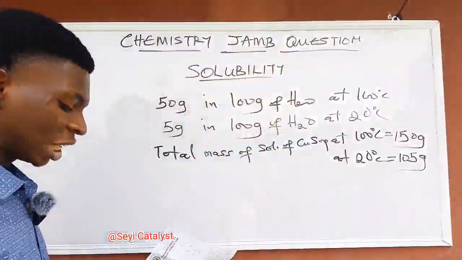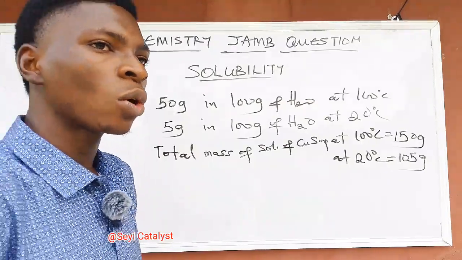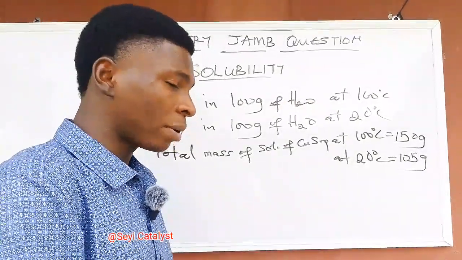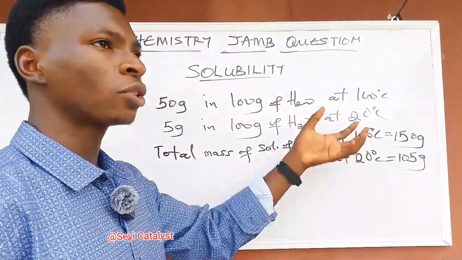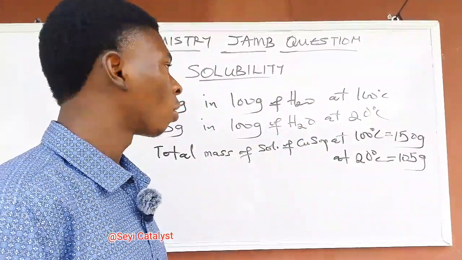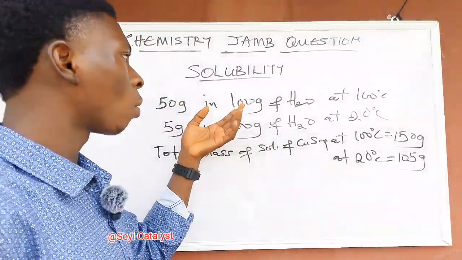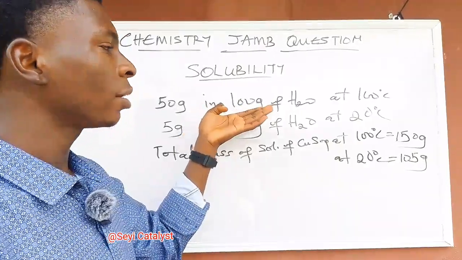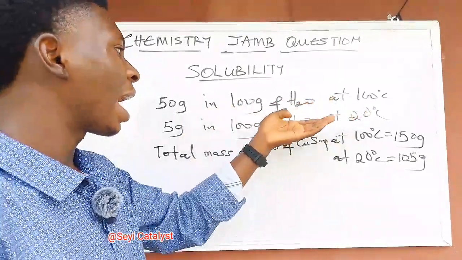And I told you that if you want to know the amount of solute that will precipitate if the temperature is reduced to 20 degrees, we find the total mass of the solution at 100 degrees and remove from it the one at 20 degrees.